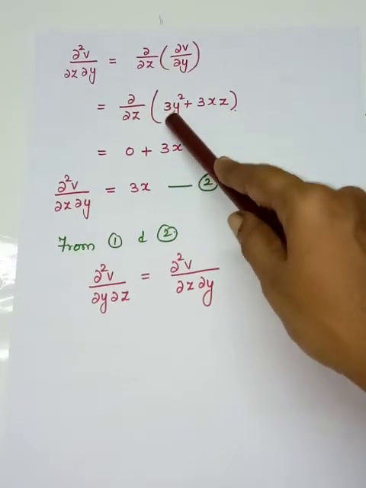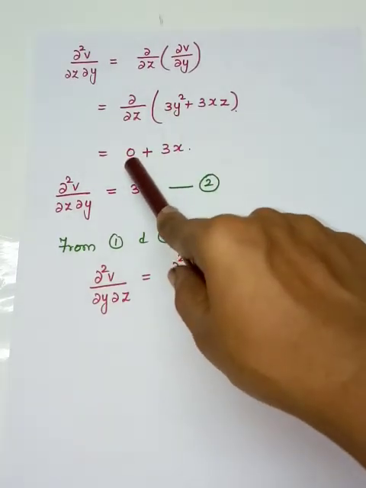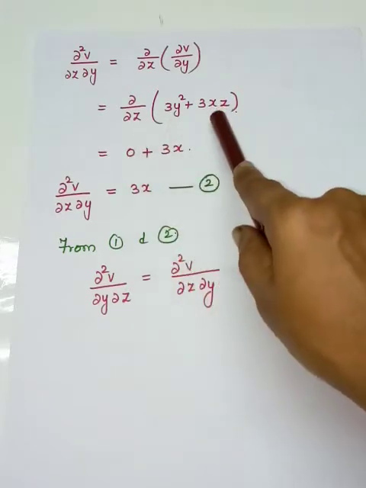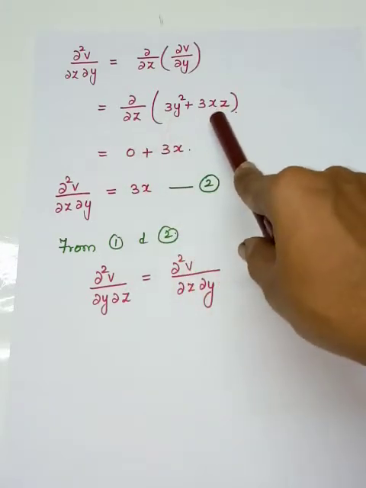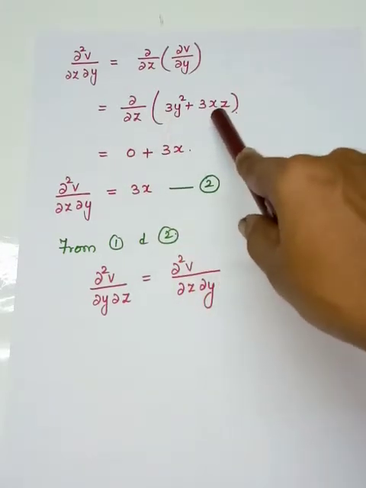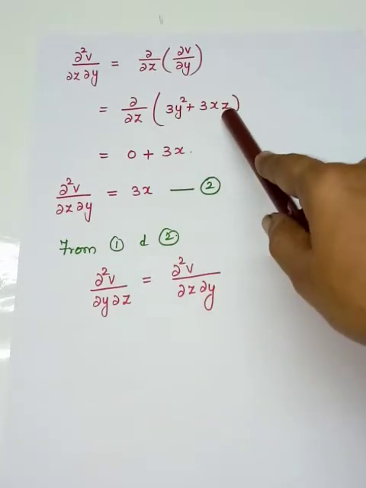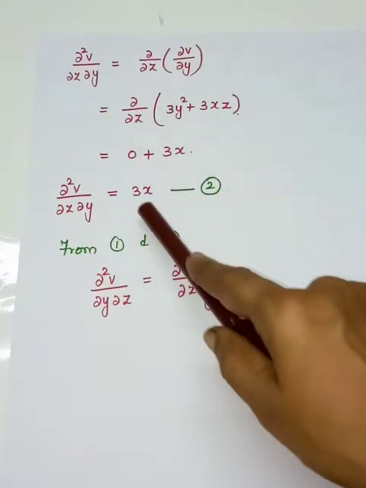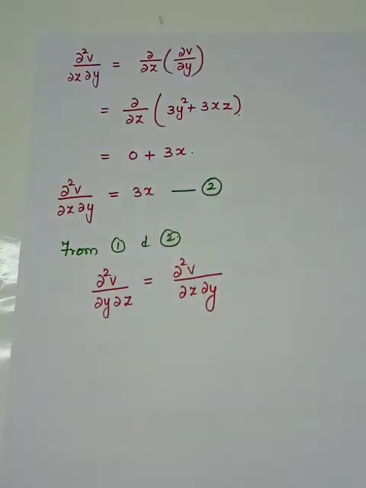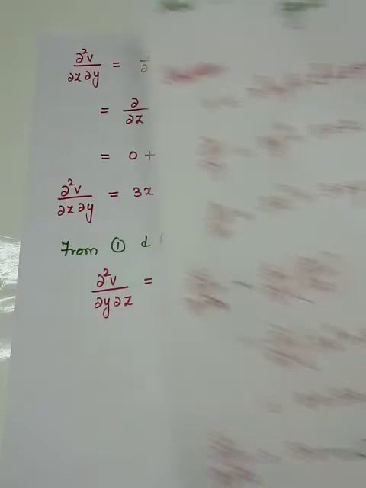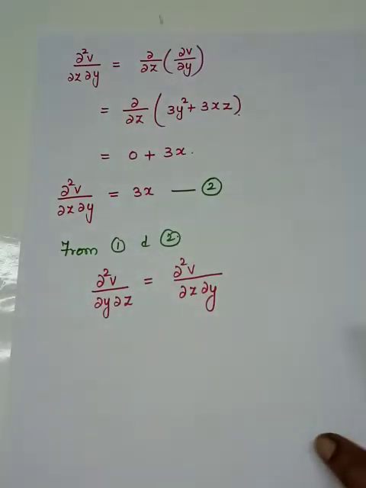There is no z, so everything is a constant whose differentiation is 0. And come to this term. 3x is a constant, so it is taken out. What is remaining? z. z when you differentiate with respect to z is 1. So the answer is 3x. Look at your first and the second result. They are equal.